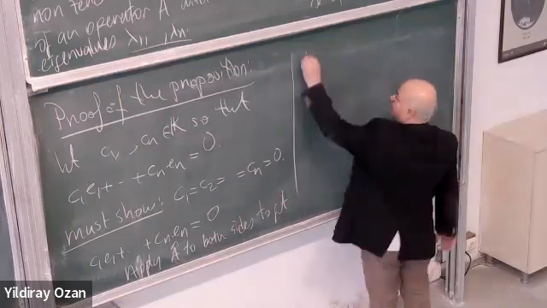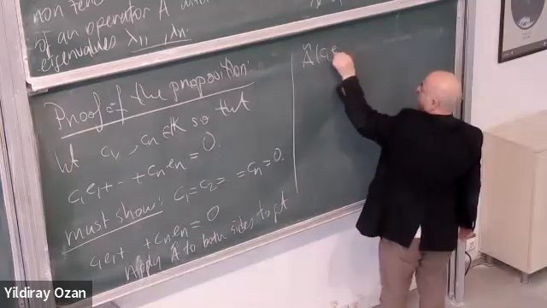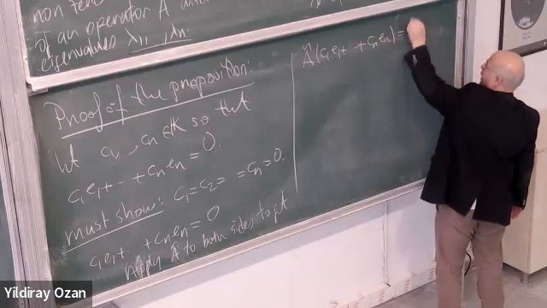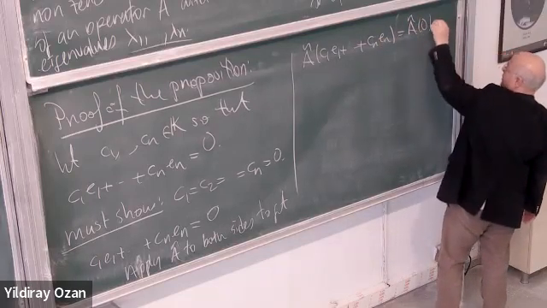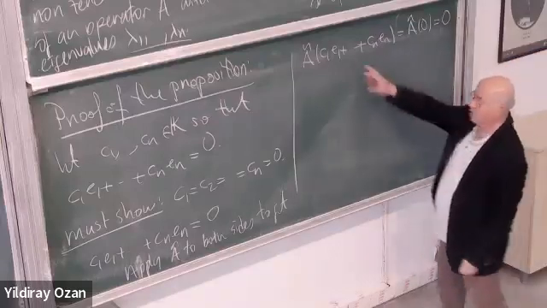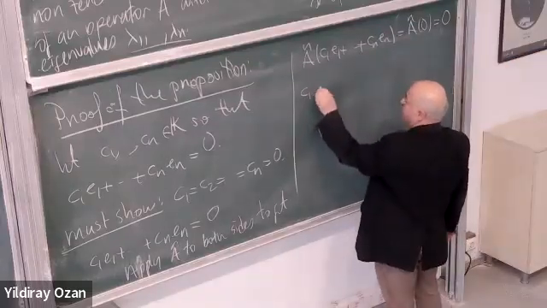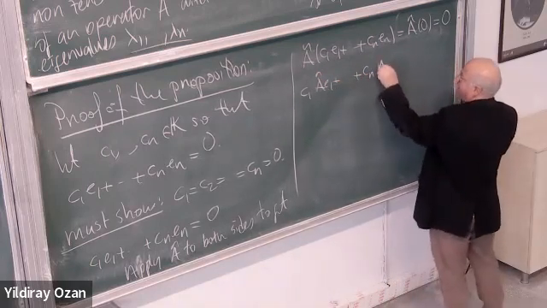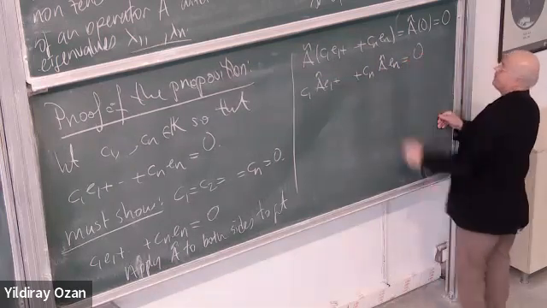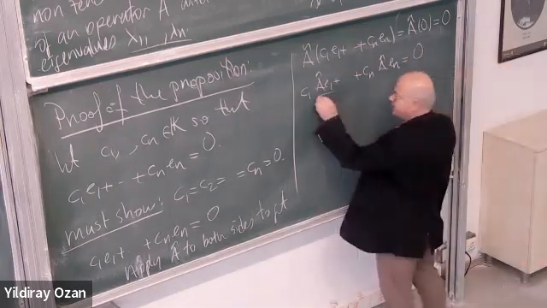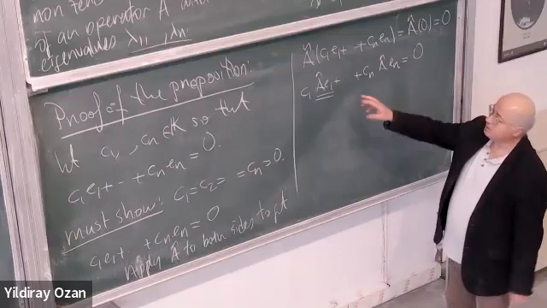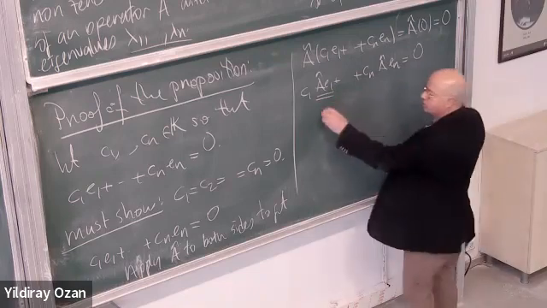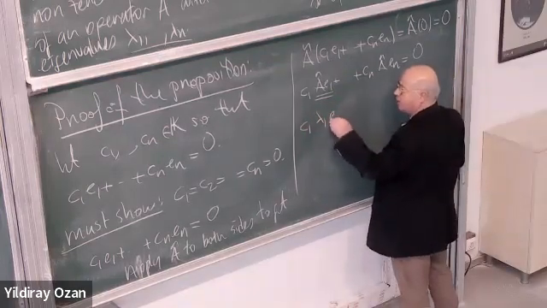A of (c1 e1 + ... + cn en) is equal to A of 0. Since it's a linear map, this is 0. What about this one? Well, this is just c1 times A e1 + ... + cn times A en, and that is 0. Well, what is this? This is an eigenvector with eigenvalue lambda 1. So this is just c1 times lambda 1 e1.